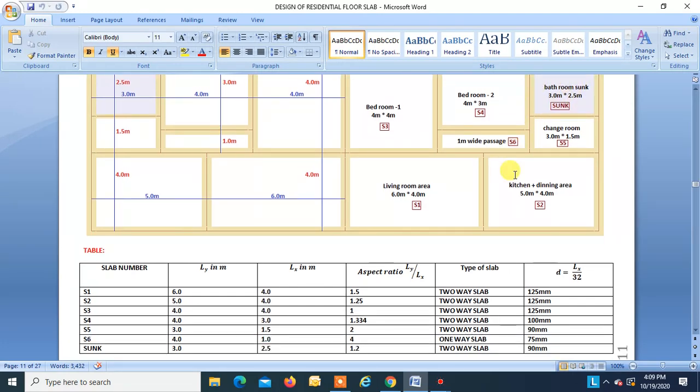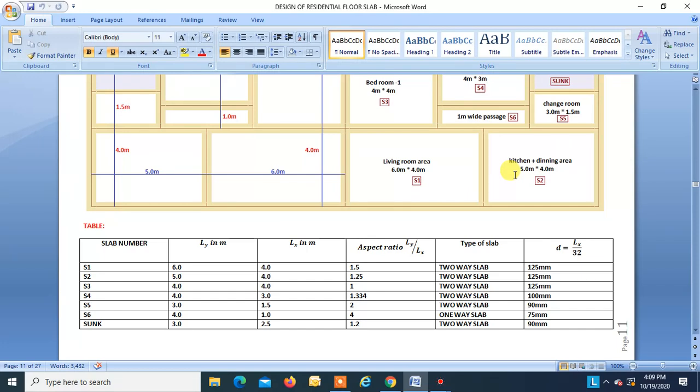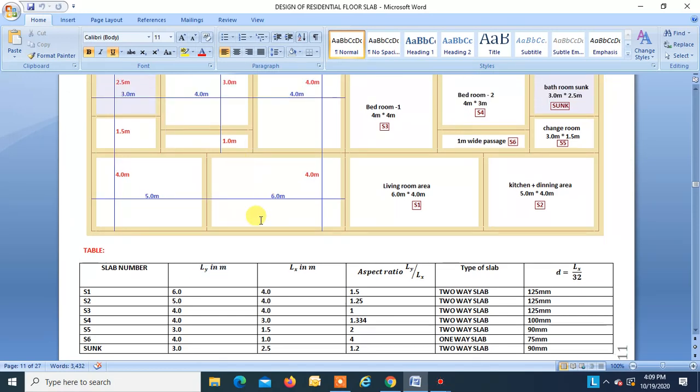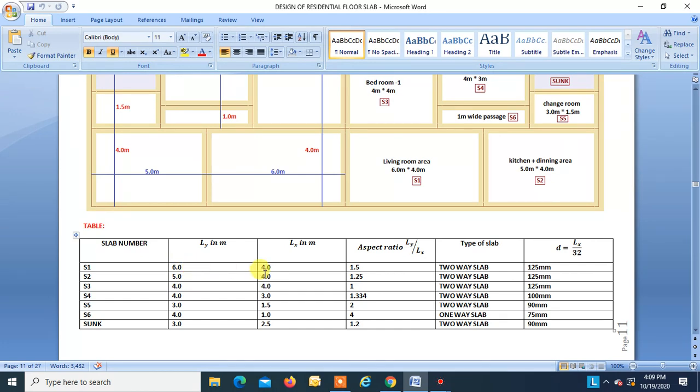Now, the first step is we have to assume the depth of the slab. Here are the slab numbers S1, S2, S3, S4, S5, S6, and sunk. Dimensions are written over here, LX and LY, in meters.